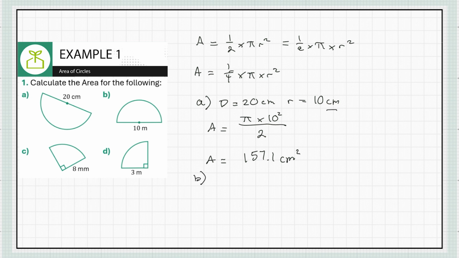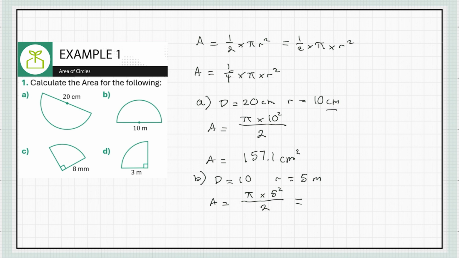Looking at B, exactly the same thing. The diameter is equal to 10, therefore the radius is equal to 5 meters. Now, after that, our area is going to be equal to pi multiplied by 5 squared all over 2.